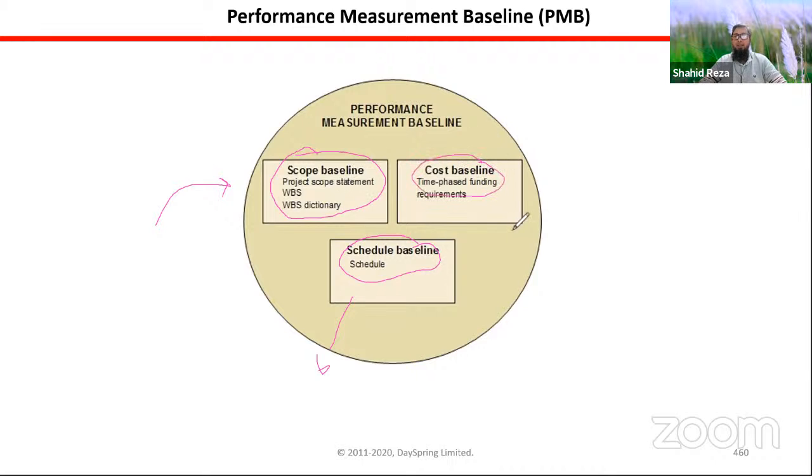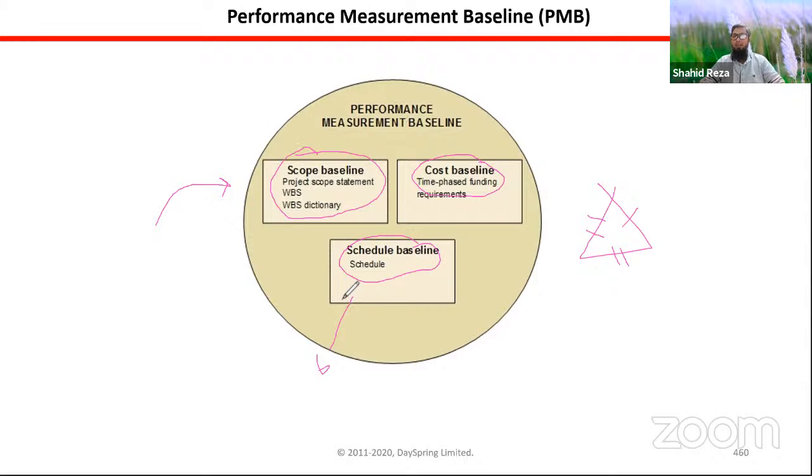So these are the 3 main performance measurement baselines for a project manager. As a project manager, you have to keep on focusing, keep on balancing all these 3 baselines. All right. So that is the main responsibility of the project manager. The performance measurement baseline is the combination of all these 3. Based on these 3, the project's performance is measured.